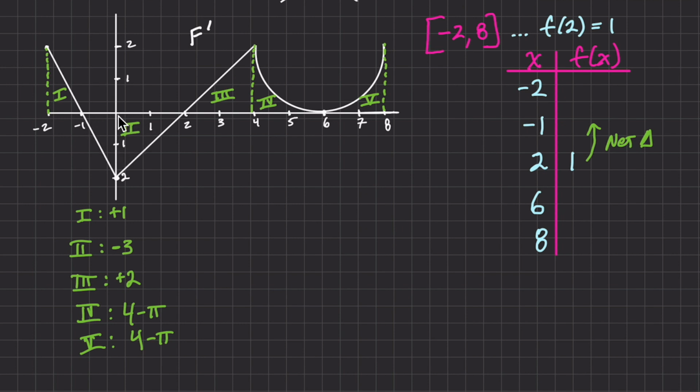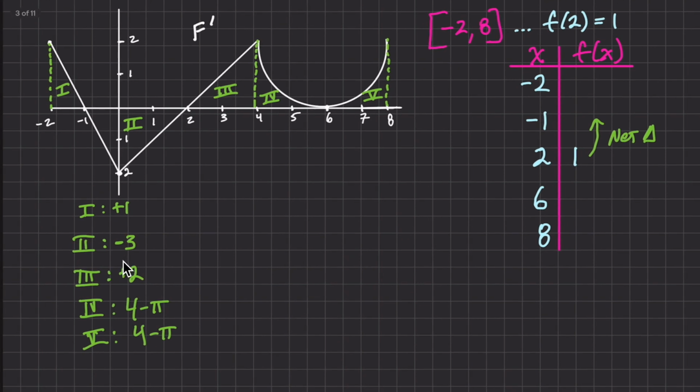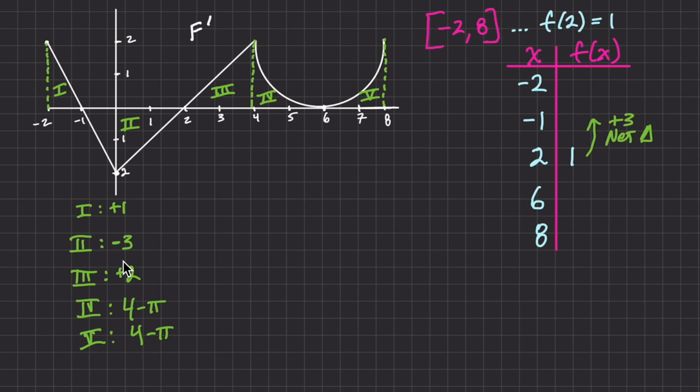That means we're going to use area 2. Area 2 starts out as negative 3, but because we're moving from right to left, we're going to reverse that. So we change the negative 3 to positive 3 and add that to the value of 1, and therefore the f value when x equals negative 1 is going to be 4.